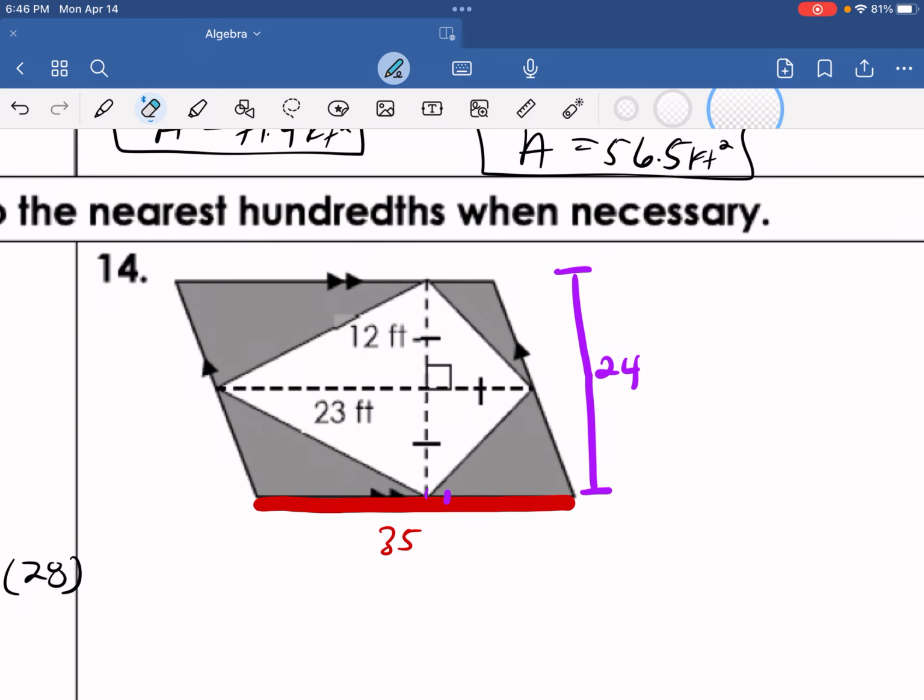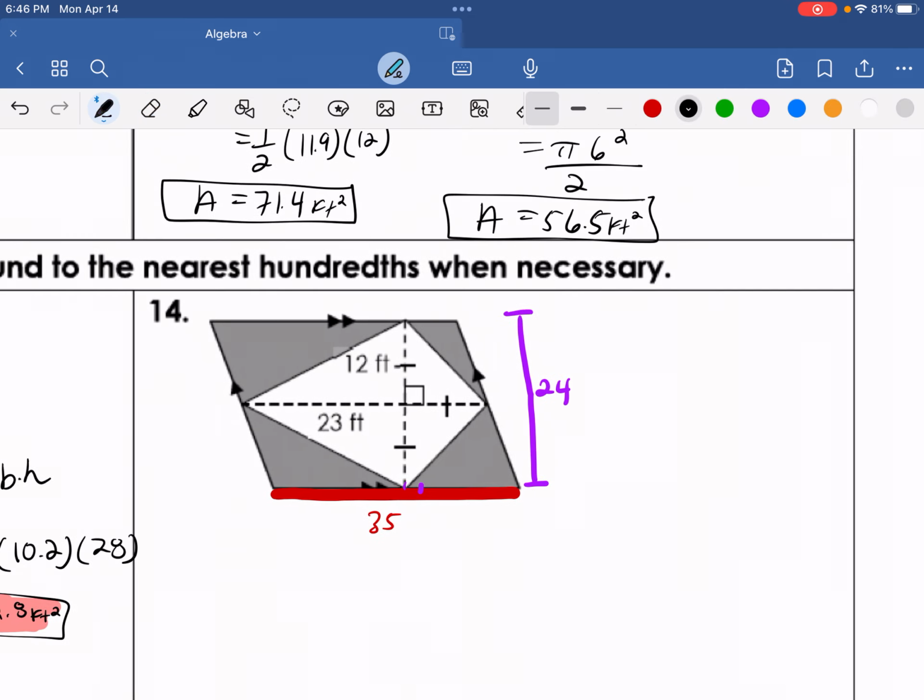And now we can find the area of the parallelogram. Area of the parallelogram is just base times height. So that'd be 35 times 24. And we get 840. So that's the parallelogram.